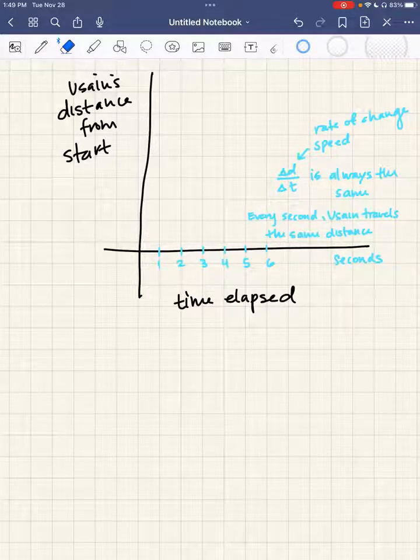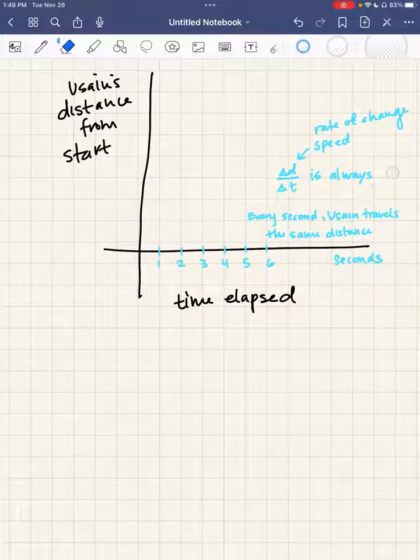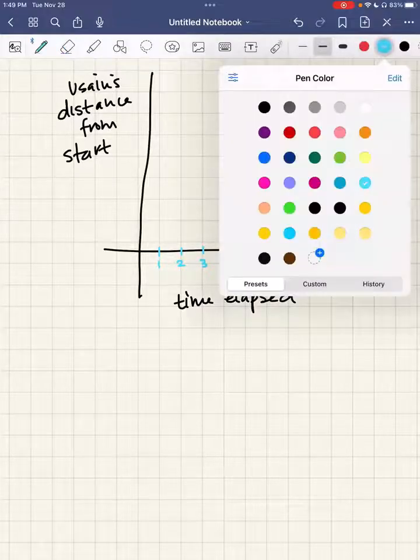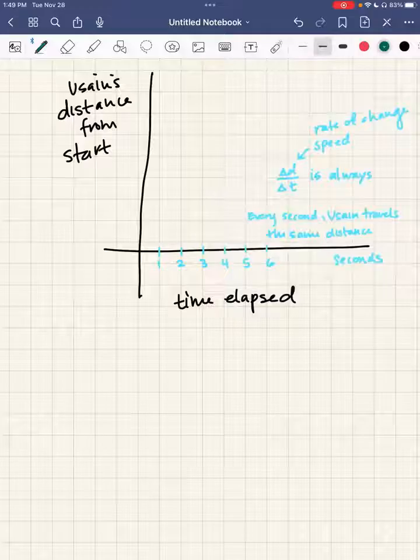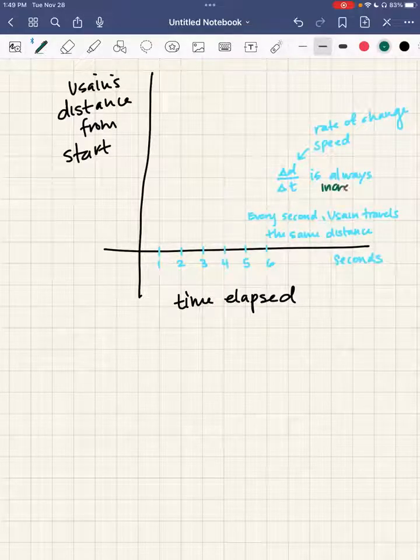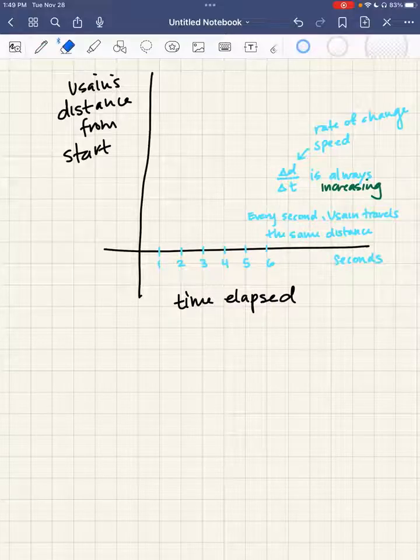This is always getting bigger, always increasing. And so we wouldn't say here that every second he travels the same distance.